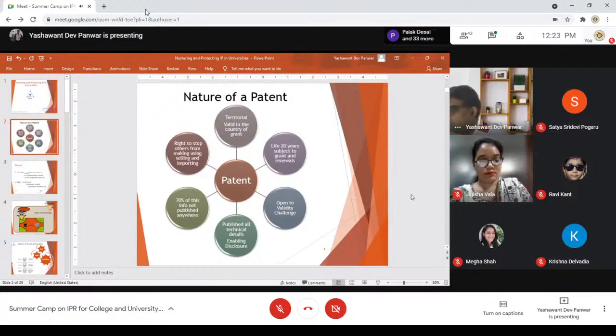I firmly believe that in the last 2 days, since yesterday, you have been exposed to patents in detail, but I would like to reiterate a few basic components of a patent, or in other language, the nature of a patent.